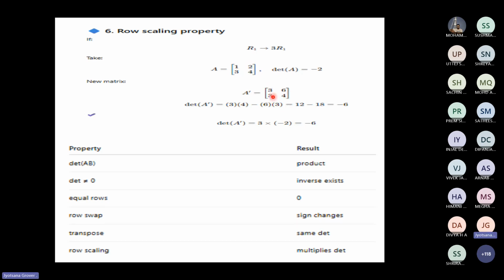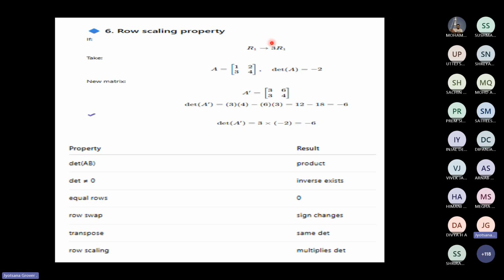Now you calculate its determinant. You can use elementary row operations also to find the determinant, that's not a problem. So the determinant is 3 into 4, which is 12, minus 6 into 3. 12 minus 18 is minus 6. See, the original matrix determinant is minus 2.